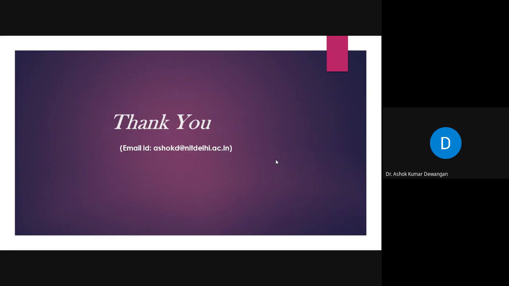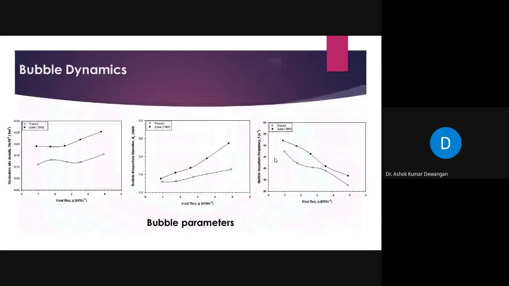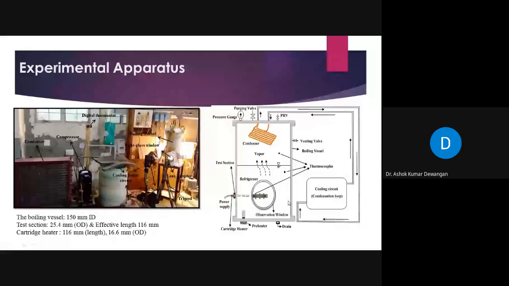Yes, by using this chiller unit we can control the pressure inside the vessel. Here I have this cooling circuit, and by using this circuit we control the system pressure, whatever system pressure we want. Okay. What type of thermocouples have you used?